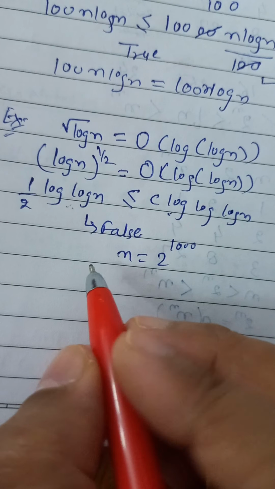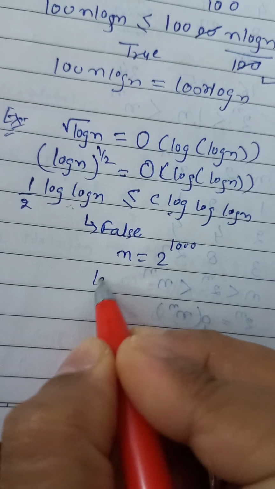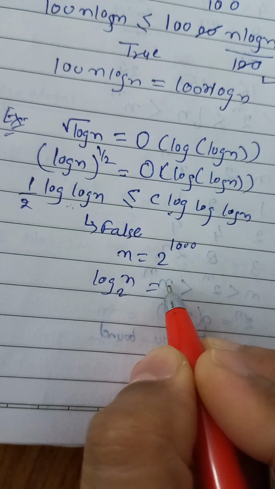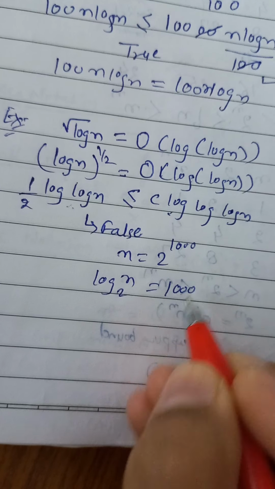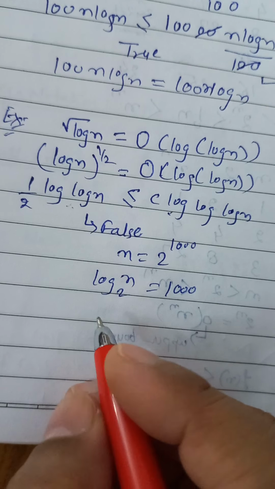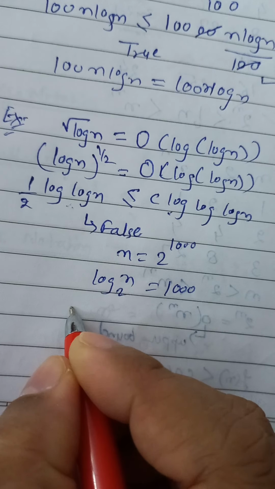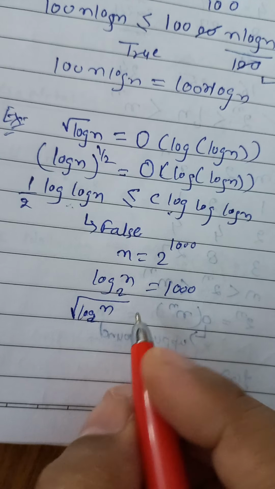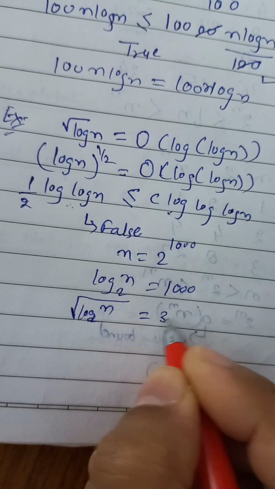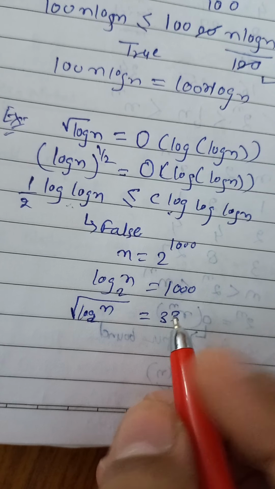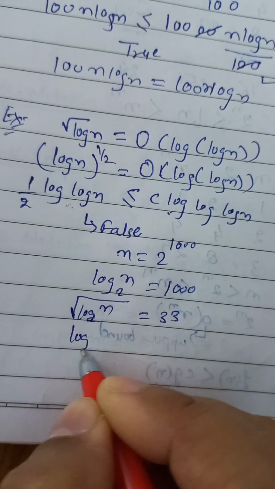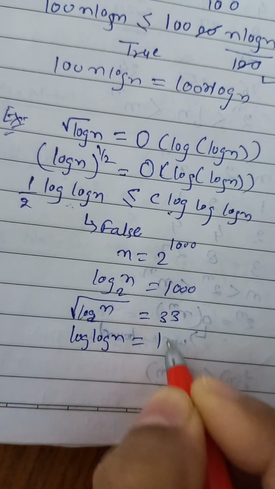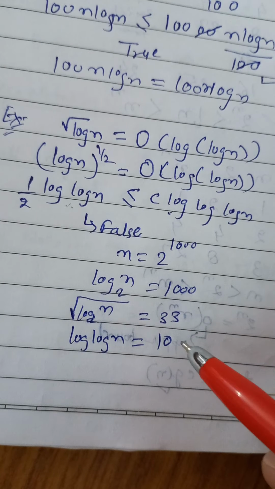Then what will we have? The log n base 2 will be 1000, and the square root of log n base 2 will be 33, and log log n will be 10.